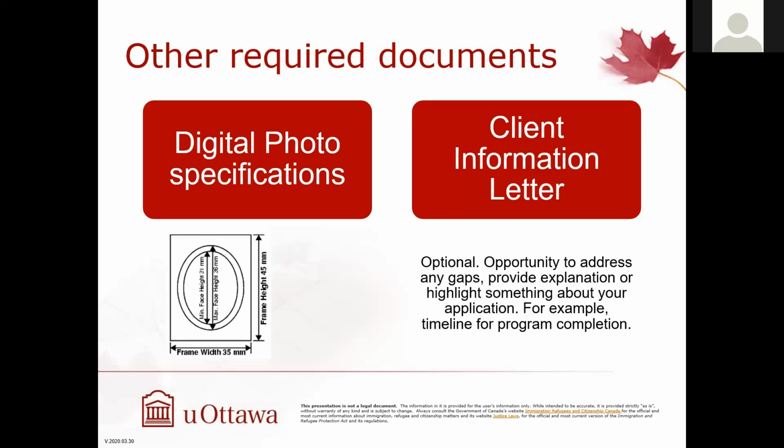So if you have nothing to explain, I would still recommend that you include a client information letter that at least tells them, I'm so-and-so, I'm in this program, I'm in 3rd year, and I'm requesting to extend my study permit until X date, because that's when I'm going to finish my program. That can help get you the validity that you're looking for.